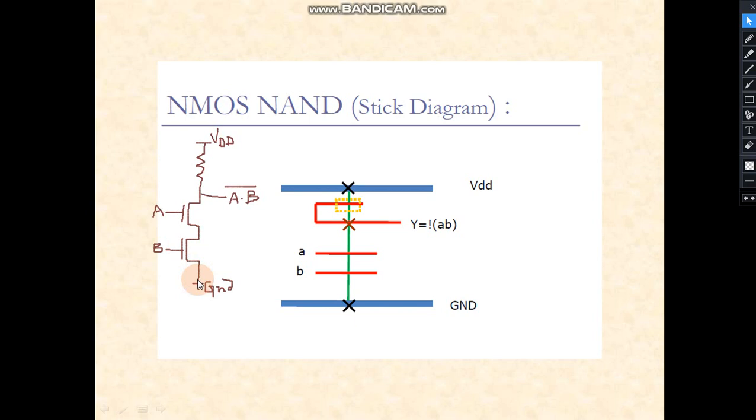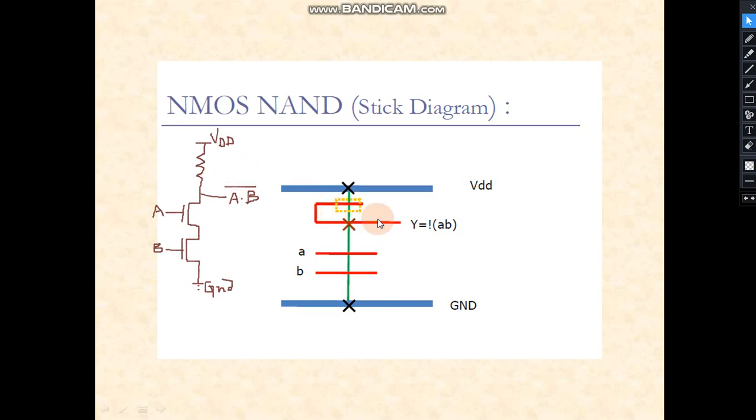we can operate this NMOS NAND by applying the truth table, or the combinations of A and B. These two transistors can be represented here with the help of the green line and the polysilicon red line. This blue line is for metal, this VDD is for metal, and this cross is basically a contact between diffusion and metal, and the upper portion means the resistance can be implemented with the help of NMOS, and we are using a depletion load.